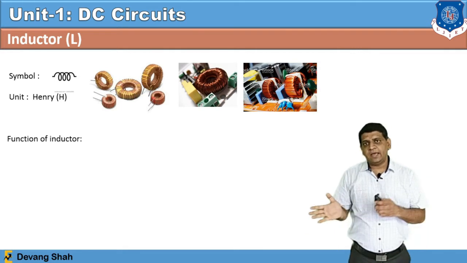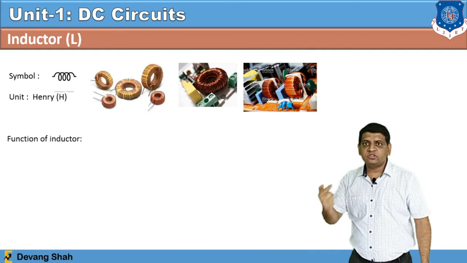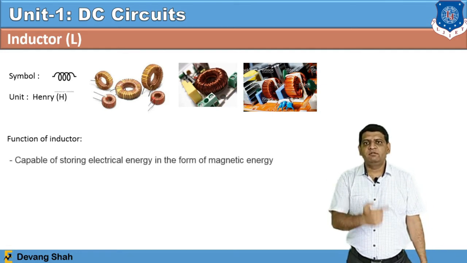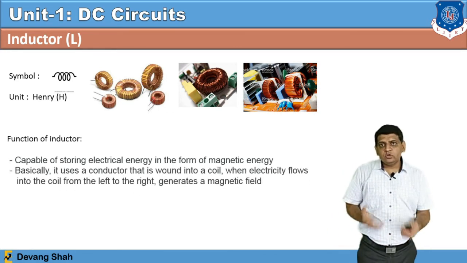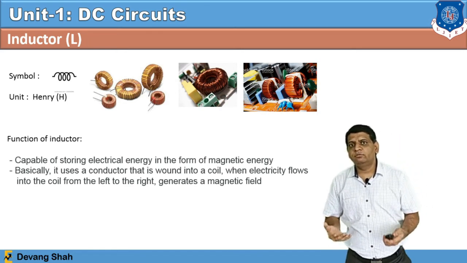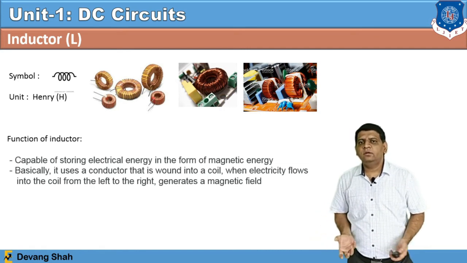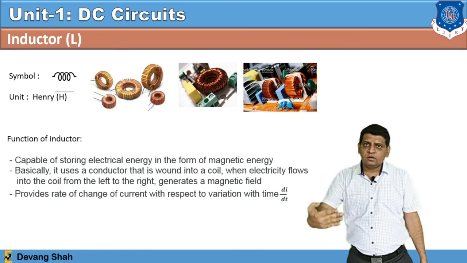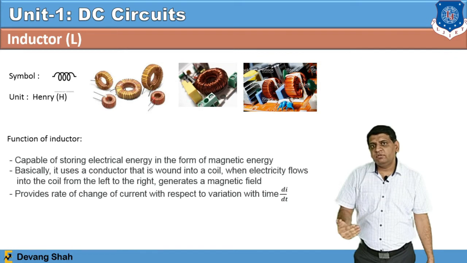Now, what is the functionality of an inductor? Capacitor and inductor both store energy, but a capacitor stores energy in the form of charge, while an inductor stores energy in the form of a magnetic field. Once we apply current to the inductor, it produces magnetic flux around it, and that flux is a kind of magnetic field stored in the inductor. Whatever current you apply, you will find variation with respect to time.